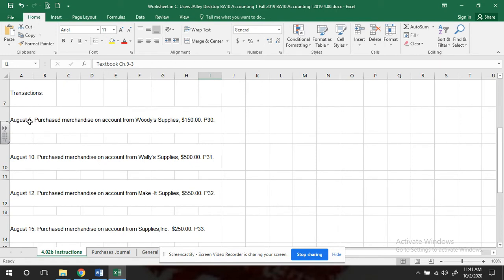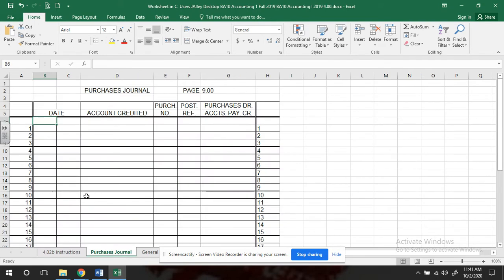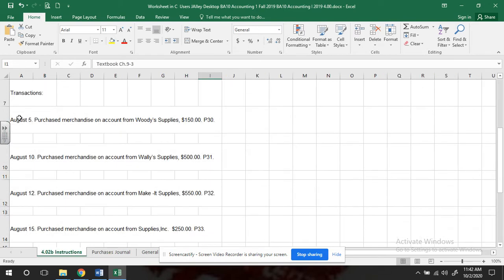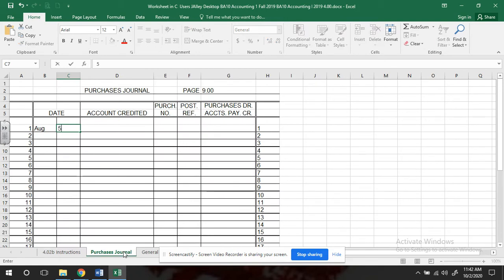So this first one, August 5th, purchase merchandise on account from Woody's Supplies, $150, P30. I'm going to go over to my Purchases Journal, the next tab. I'm going to put August 5th, Woody's Supplies.